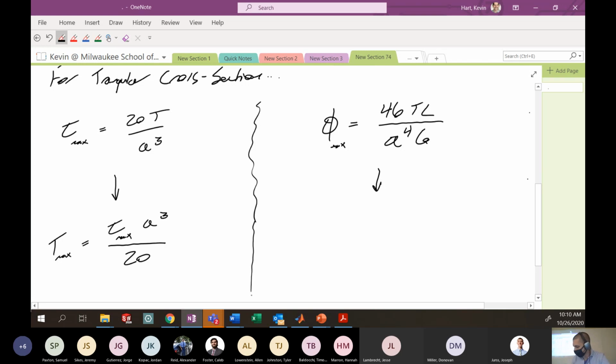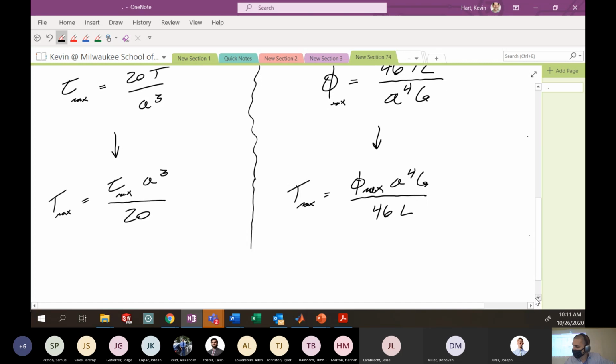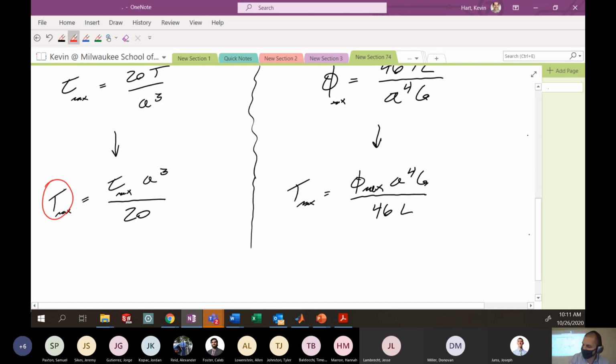We could go through the same process over here with the angle of twist. The max that you could handle before you failed by the angle of twist criteria is phi max A to the 4th G over 46L. So we'll solve for both of these, and whichever one is less, that's the one that we're going to hit first for our failure criteria.